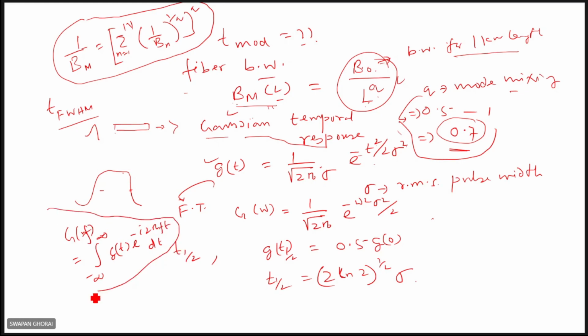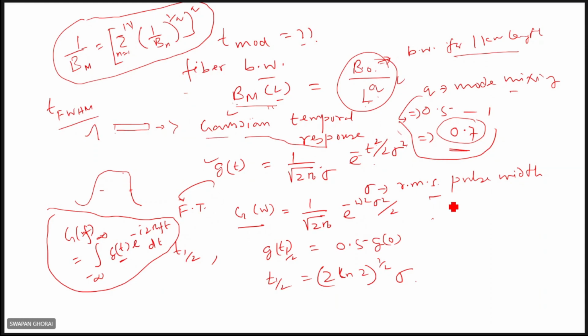That is the definition of the transform. Instead of f, you can write omega, since 2 pi f is omega. So after taking the Fourier transform, you get g(omega). If you substitute the value of g(t) here, then you find 1 by root 2 pi, e to the power minus omega square sigma square by 2. Sigma is the RMS pulse width, right? That is the Fourier transform.